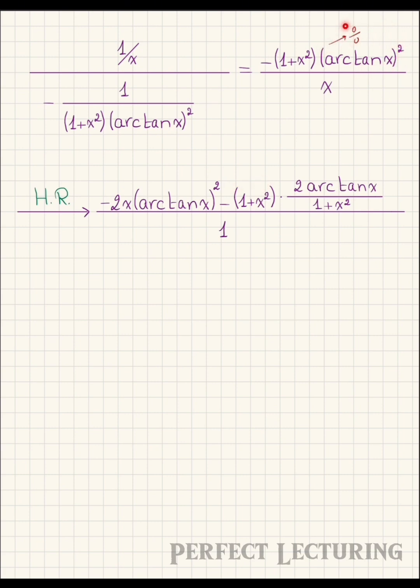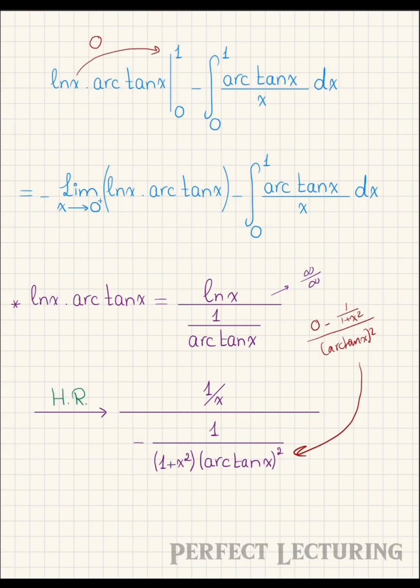And that is 2 times arctan of x, times the derivative of arctan of x, which is 1 over 1 plus x squared. And this is what we get. Since we have a minus here, both terms become negative. These terms nicely cancel out, and this finally approaches 0 as x approaches 0 plus. So going back to our expression, this limit is 0, so we are only left with this integral.